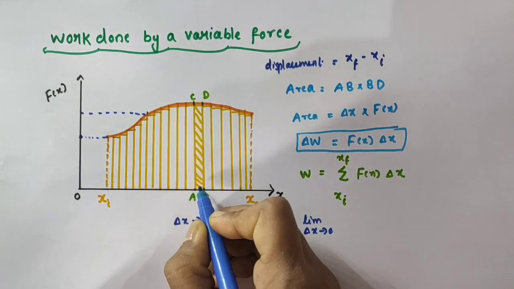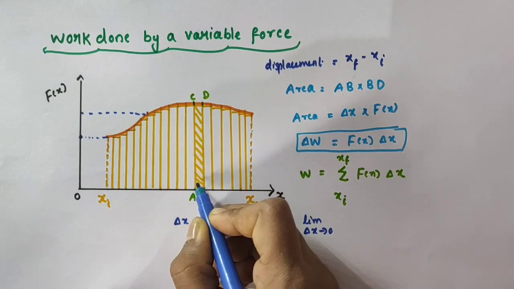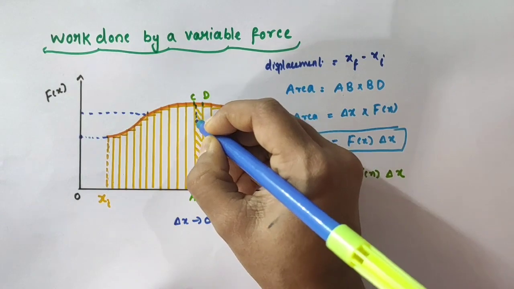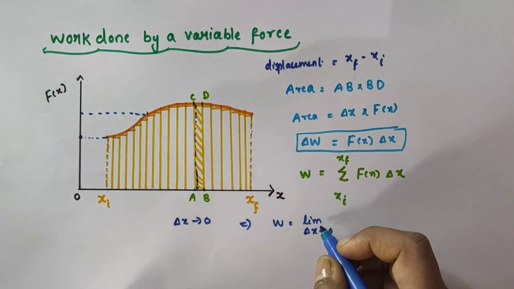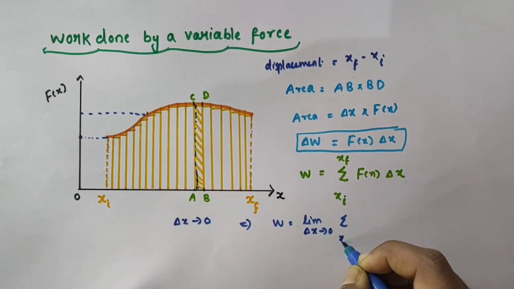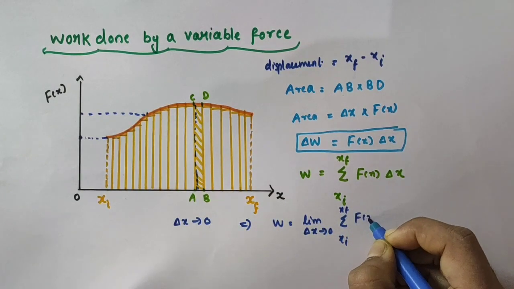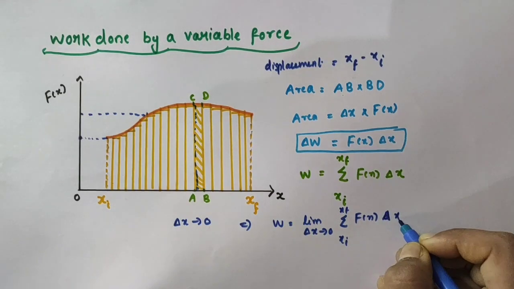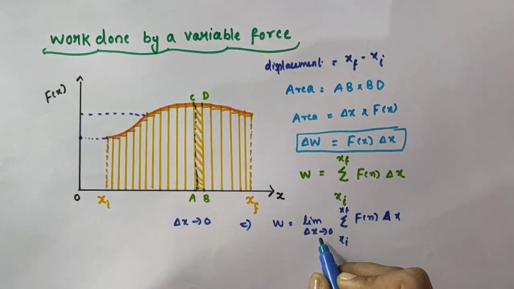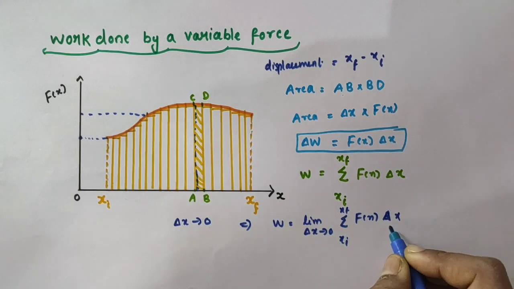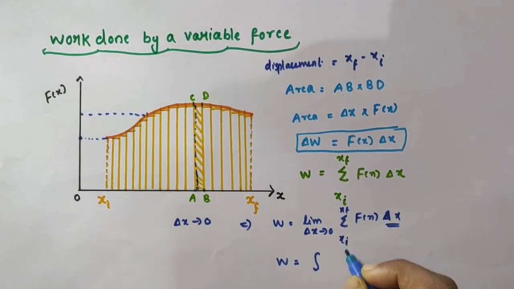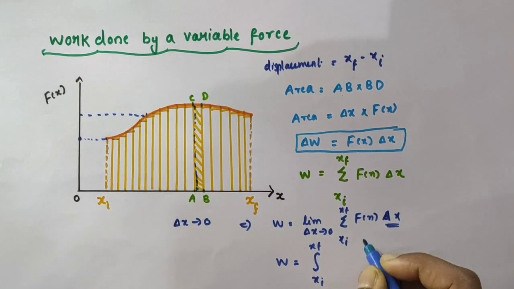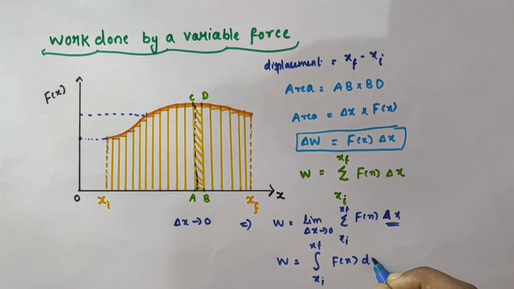We just want to consider a very small rectangular element here, where the displacement would be approximately 0. Then the limit as delta x tends to 0 of the summation from xi to xf of f of x into delta x can be written as W is equal to the integral from xi to xf of f of x into dx.